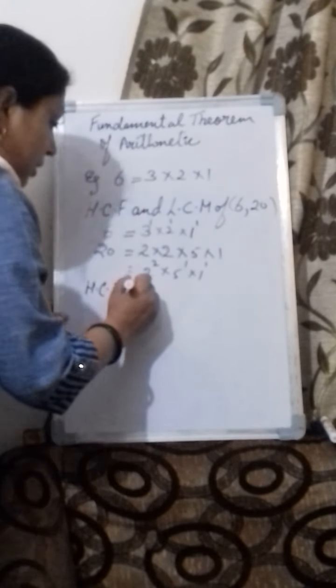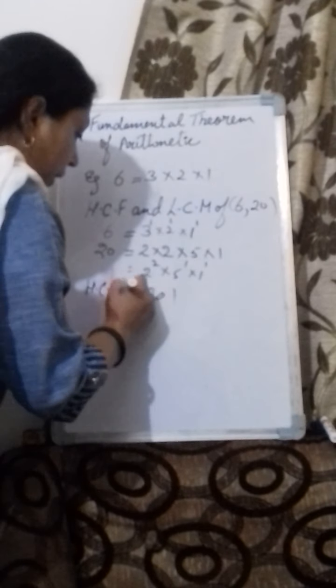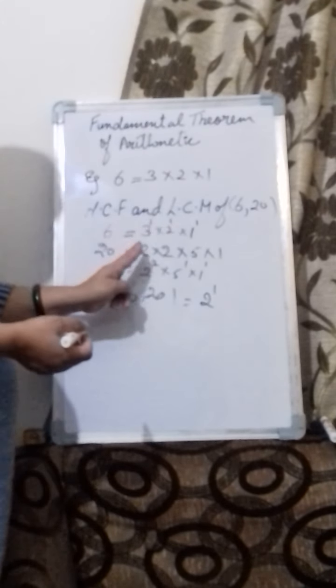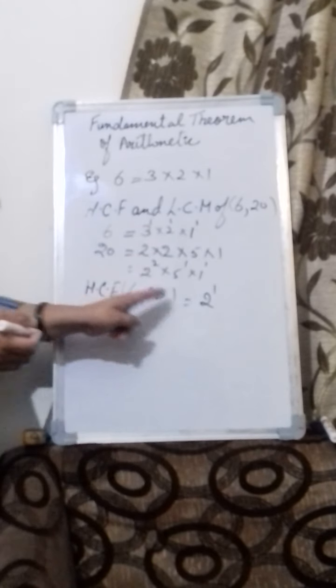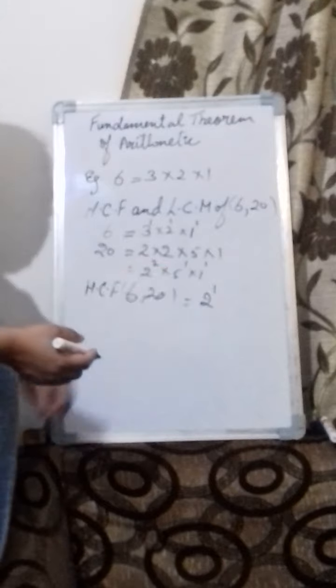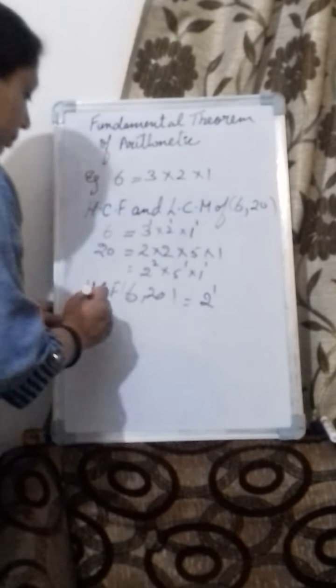The HCF of 6 and 20 is 2 to the power 1. HCF, you know, is the highest common factor, the highest factor which is common. So here it is 2 and here it is 2, nothing else is common. So the HCF of 6 and 20 is 2 to the power 1, or you can say 2.